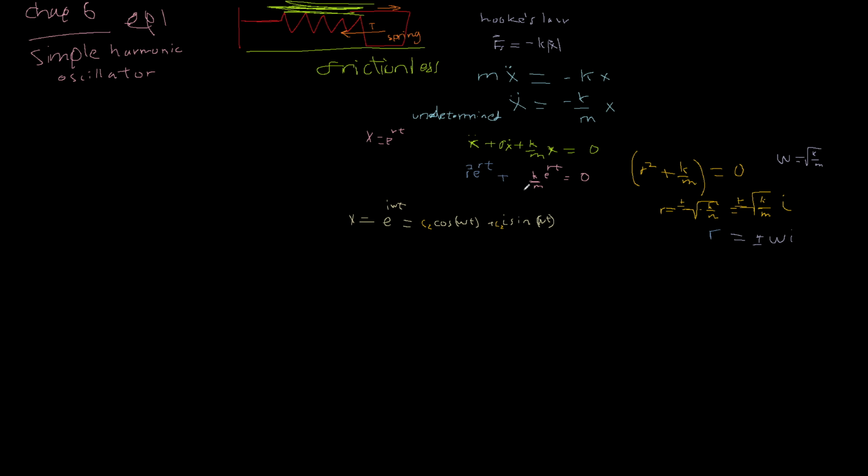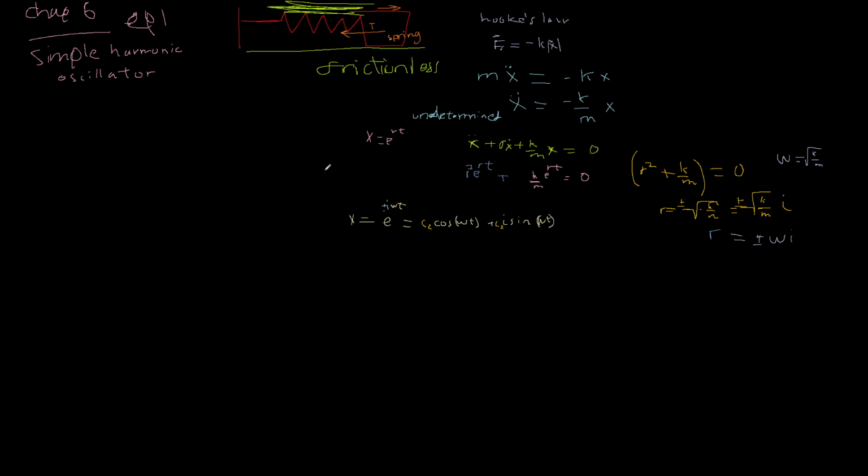So that's all well and good for now. Although we are going to make an assumption here, because remember we have this plus or minus, r equals plus or minus, so we have this plus minus that we can consider.